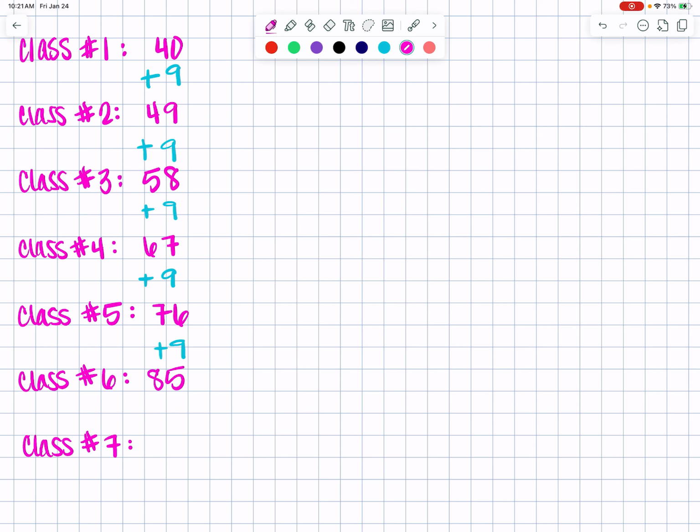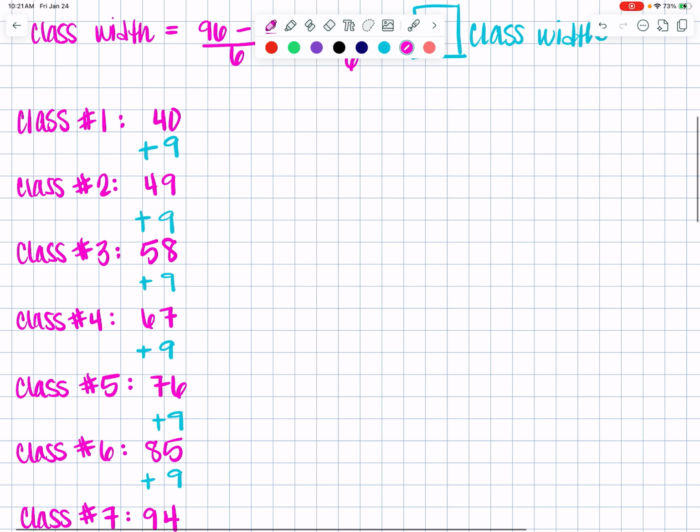And we're getting a couple of extra classes, and that's totally fine. The point is all of our classes are evenly spaced. I land at 94. And that 94 is going to be big enough to catch our maximum of 96. So now these are the lower limits.